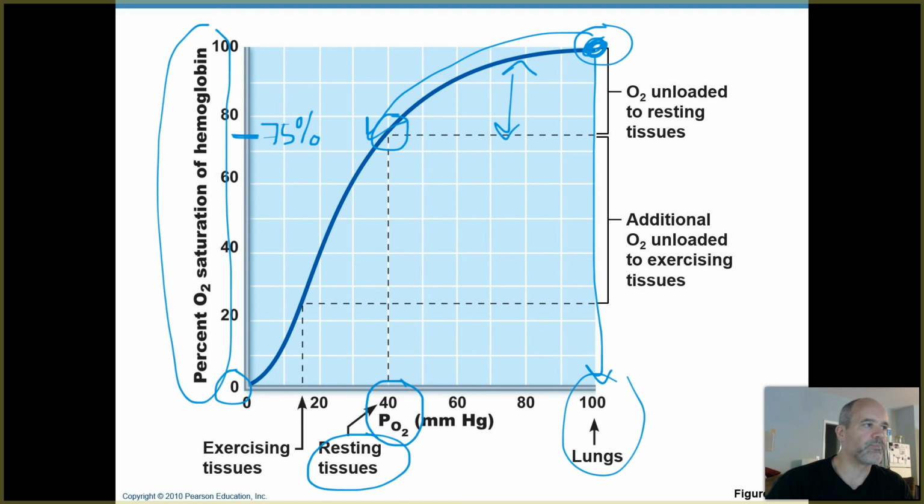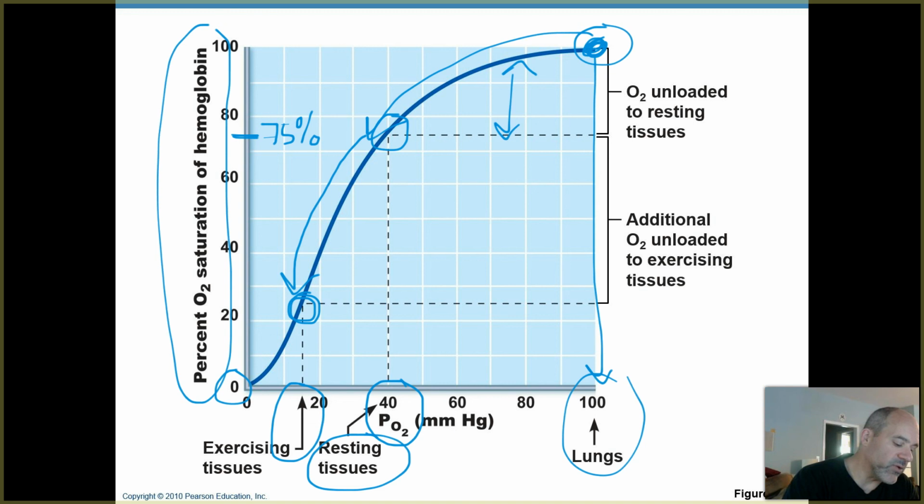But let's say in exercising tissues, the partial pressure of O2 gas is down to 18. When the blood enters the capillaries surrounding those tissues, this lower concentration of oxygen gas in the surrounding tissue fluids is going to cause the hemoglobins to unload more oxygen.